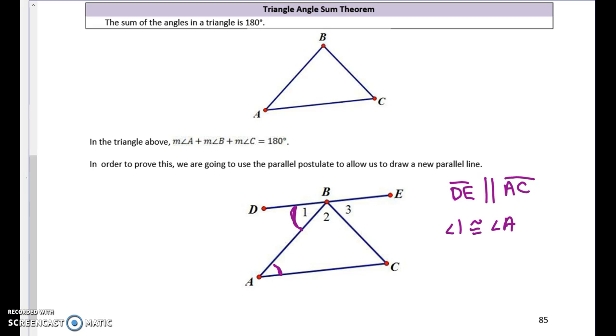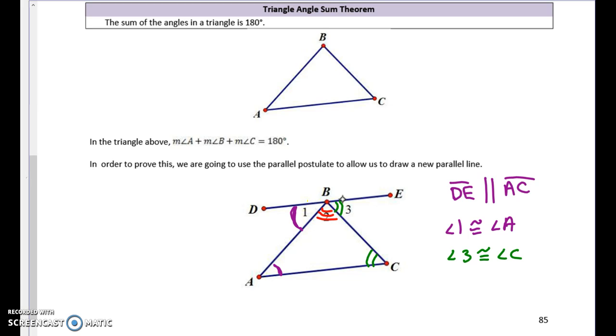And then if you look over here, angle C must be congruent to angle 3 by alternate interior angles. Angle 3 must be congruent to angle C. And then, of course, our original angle B, which we can no longer call angle B but angle 2, is right there. It's my third angle of the triangle.